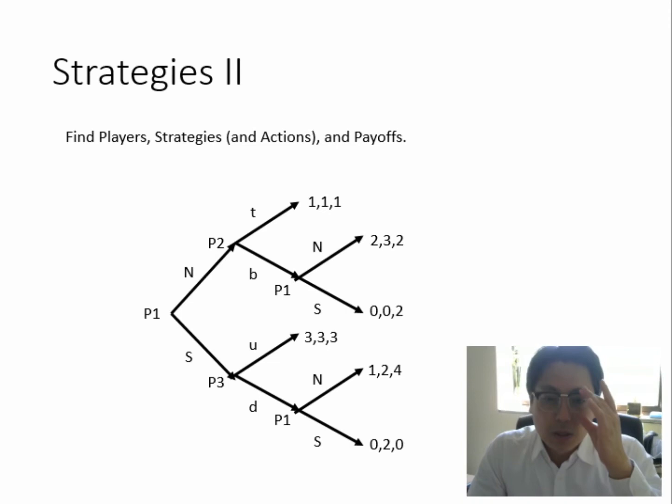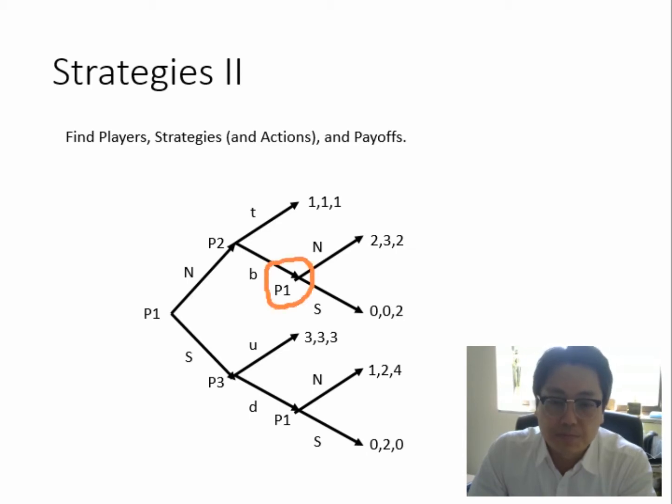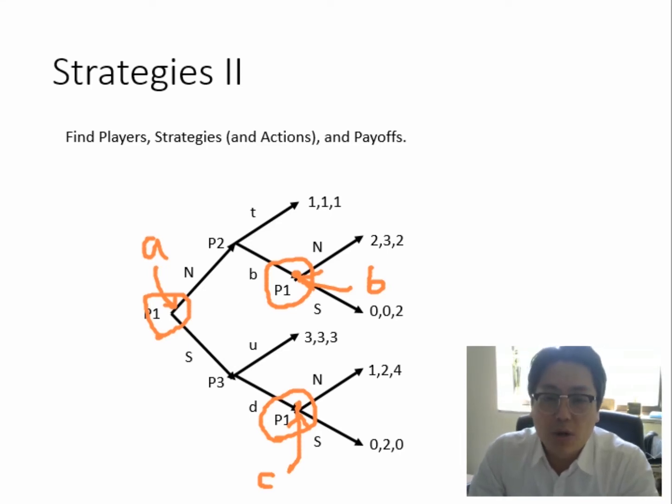Look at this game tree, the first player. I will call this initial node A, and I will call this node B, and this node C. Once my timing or my order is reached, what we call the path of the game reaches those nodes.